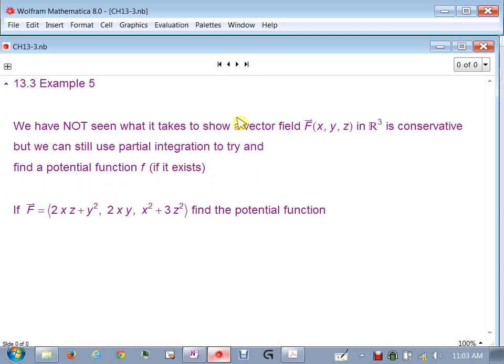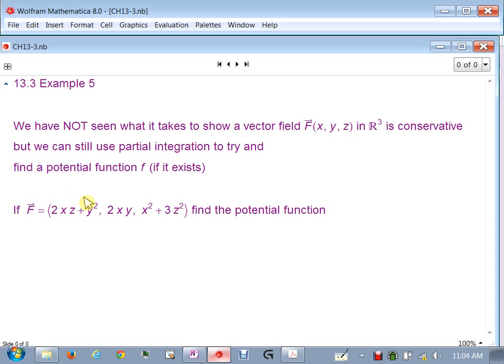So the last example in this section says that I have not shown you what it actually requires for a vector field in three-dimensional space to be conservative, but we can still use that idea of partial integration to try and find a potential function if it actually exists.